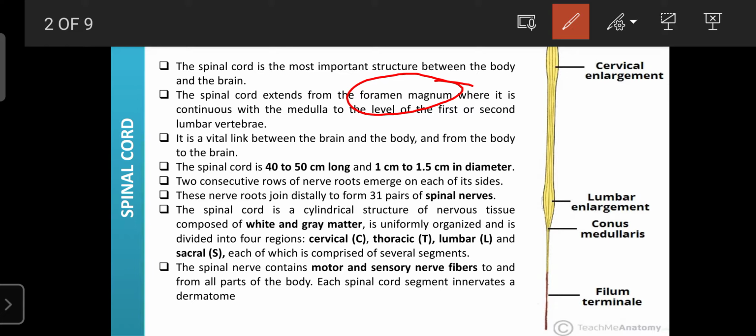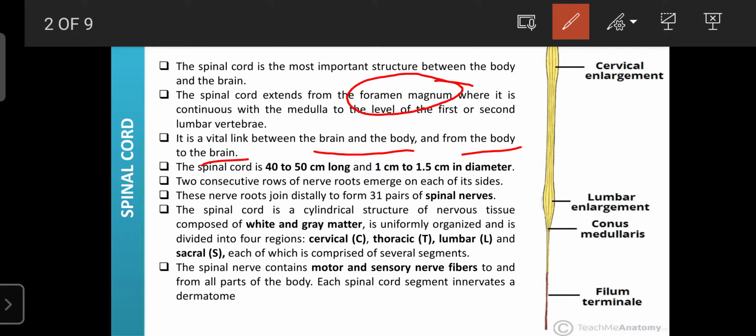It also creates a vital link between the brain and the body, and from the body to the brain. It creates an interconnection between the brain and the body, or different parts of the body towards the brain. That's why the spinal cord is involved in conveying both sensory as well as motor information.